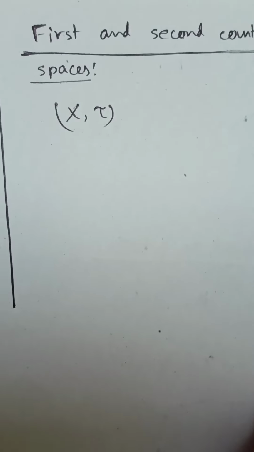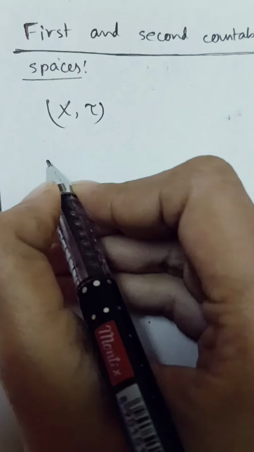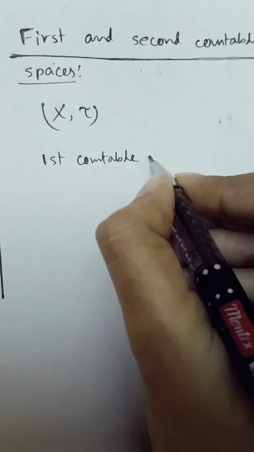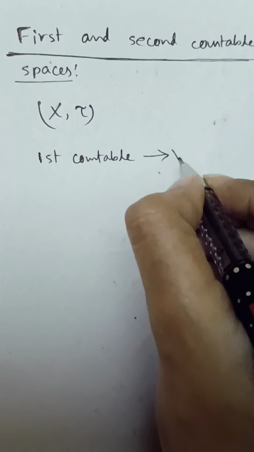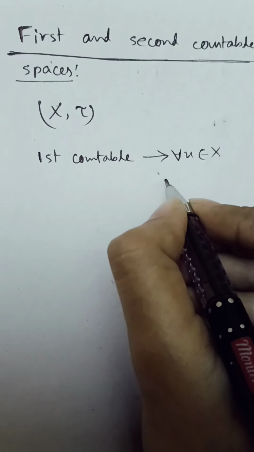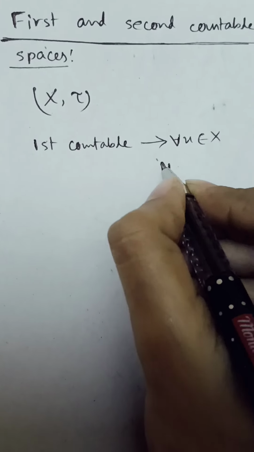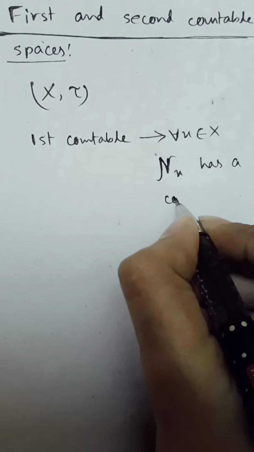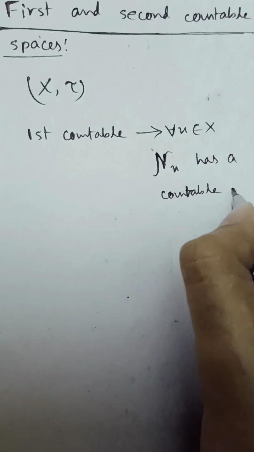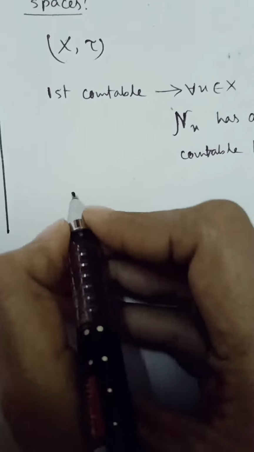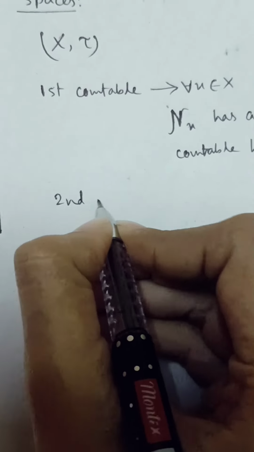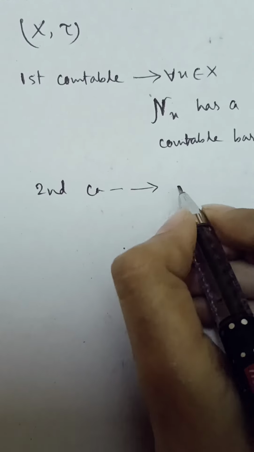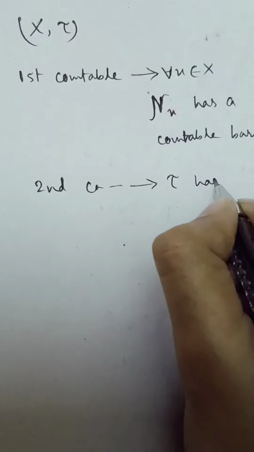Then it will be called a first countable space if for each point x in X, the neighborhood system Nx has a countable base, and it is called second countable if the topology tau has a countable base.